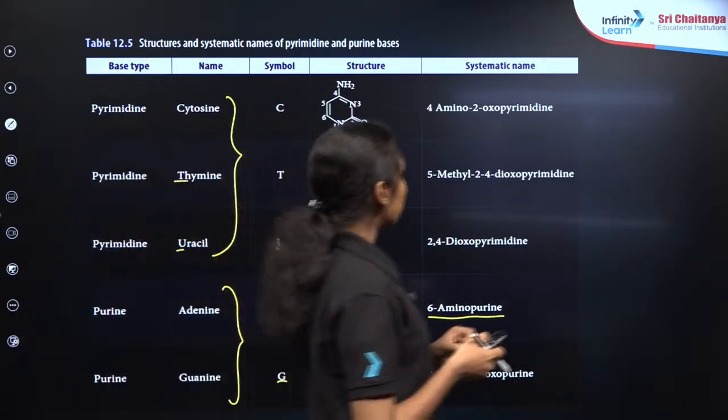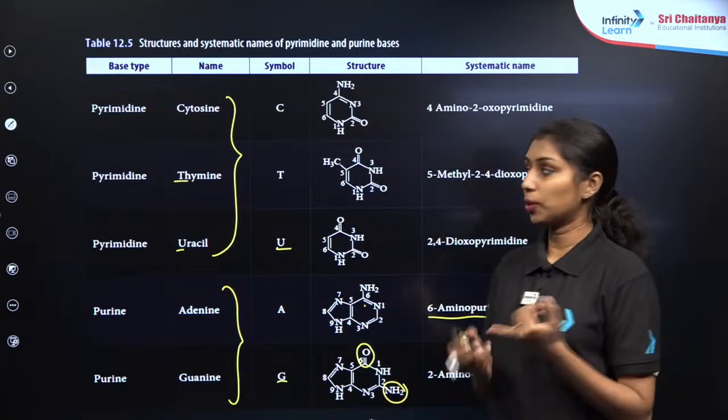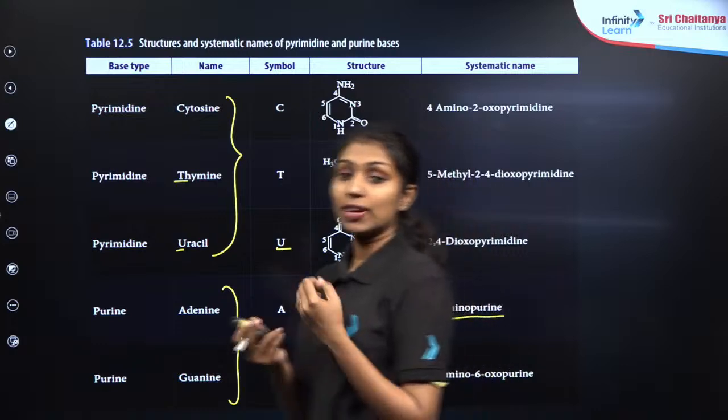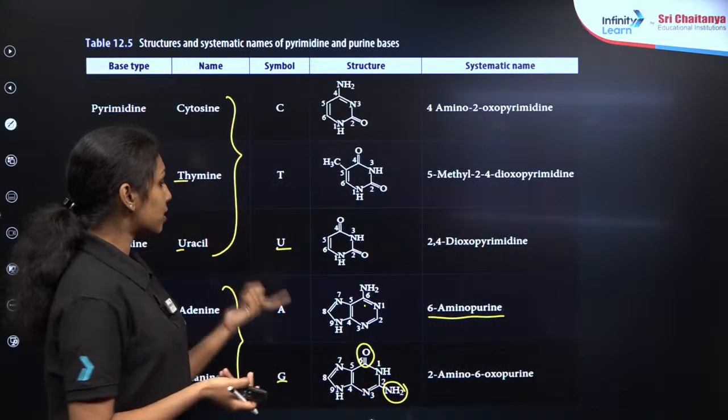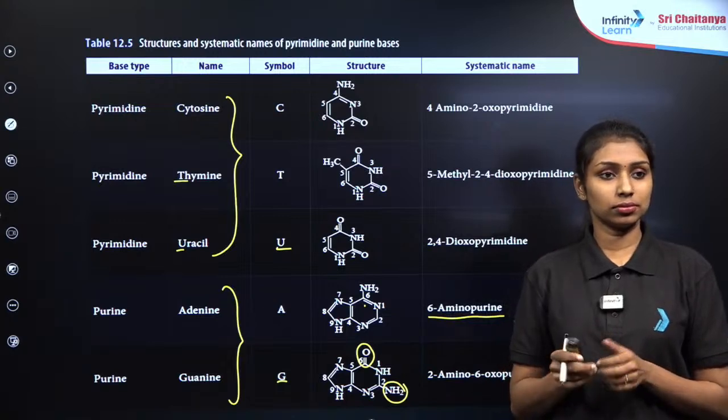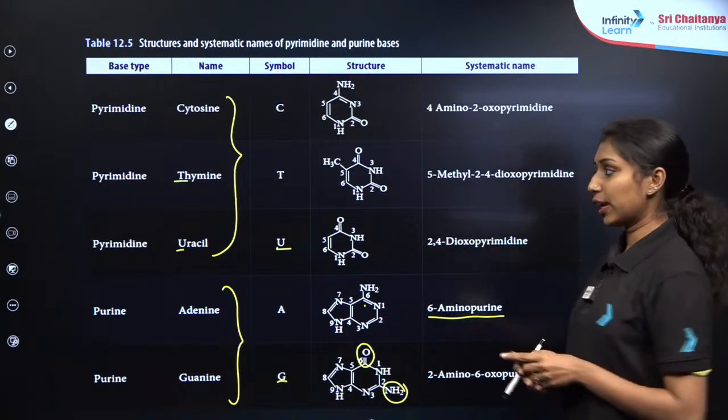So far we have discussed the sugar present in the nucleotides. Then we discussed the nitrogen bases. What is the third part of the nucleotide remaining here? Phosphoric acid, right?